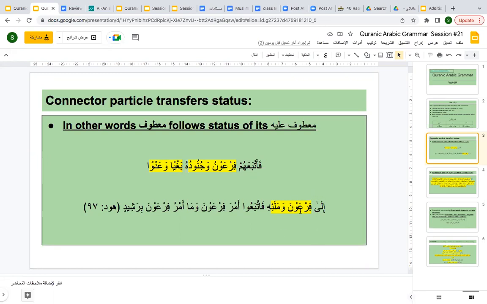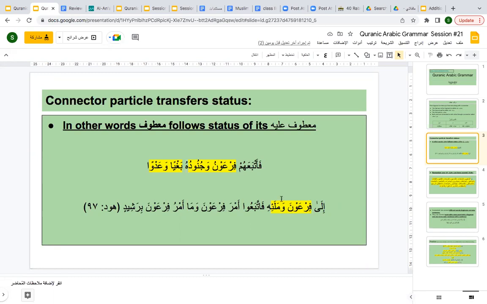Here, Ilah made Fir'aun. What status did we figure out in our last session, that Ilah made Fir'aun what? Jar, right? Because it's one of the haruf jar. So it made it jar. Now wow came. So it acted as a messenger, and it transferred the status from Fir'aun to Mala'ihi, right?